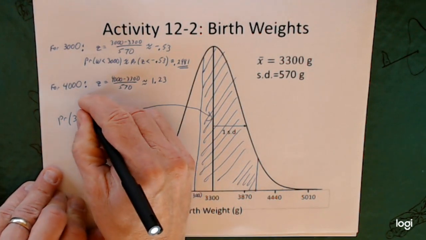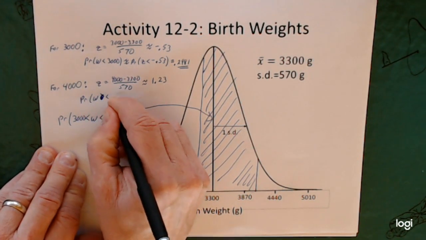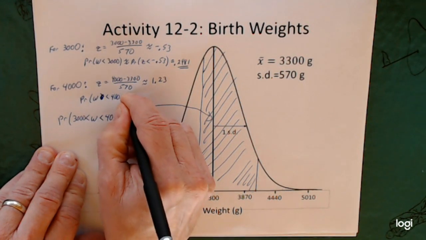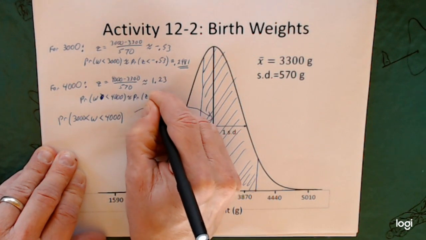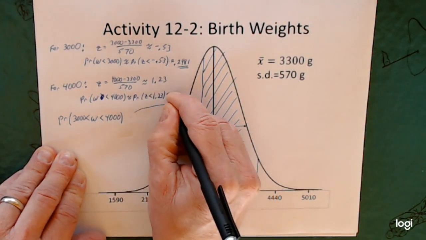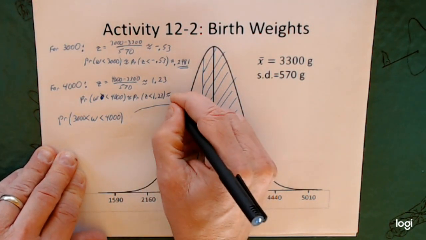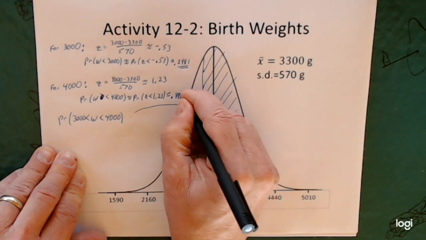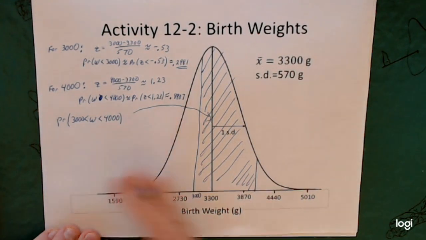So then the probability of getting a weight less than 4,000 is approximately equal to the probability of getting a z-score less than 1.23. Reading off table 2 as always, I get 0.8907.